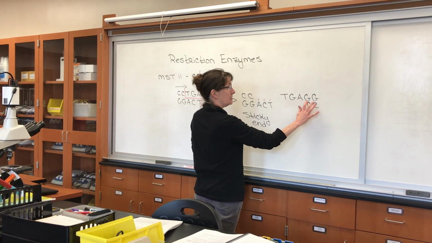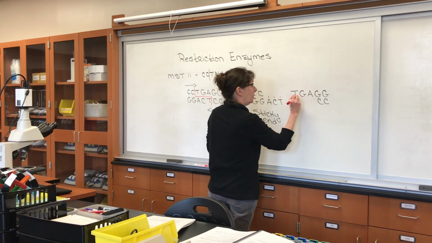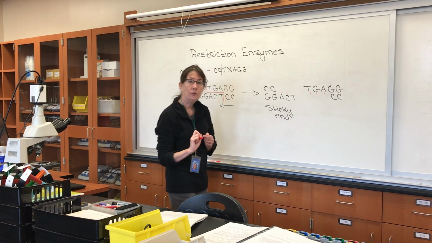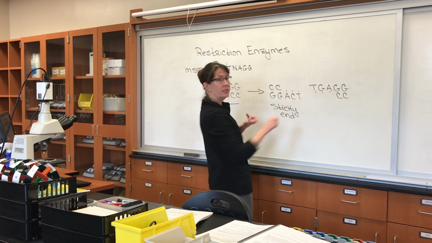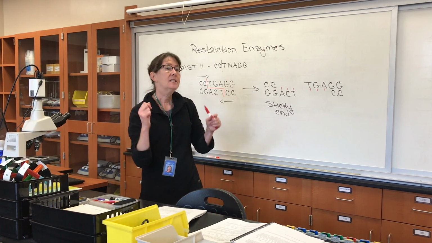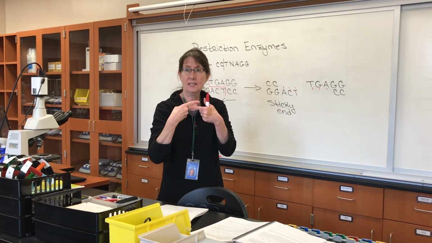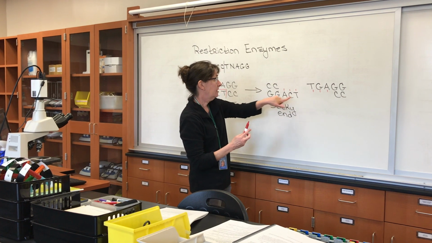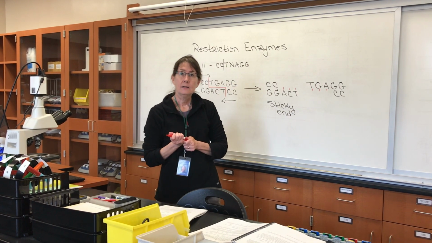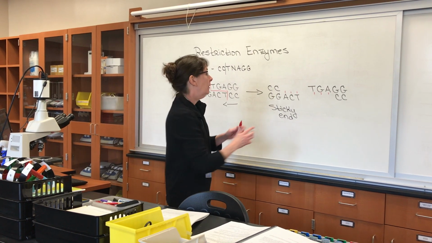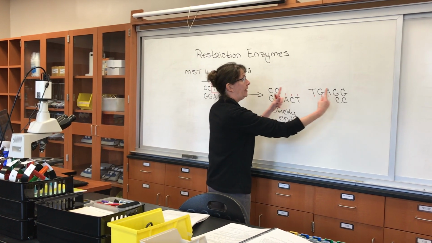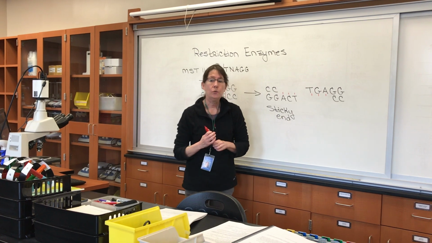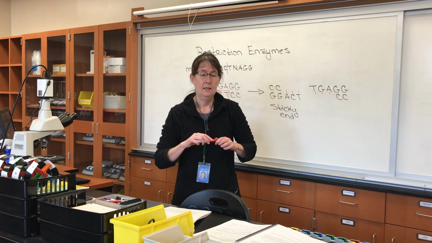Again, the C's are bonded to the G's, but again here, we have no nucleotide bonded to it. Both of these areas are sticky ends. The sticky ends can go back together if they find a complementary nucleotide. But right now we've taken one DNA strand and we've cut it into two smaller strands.